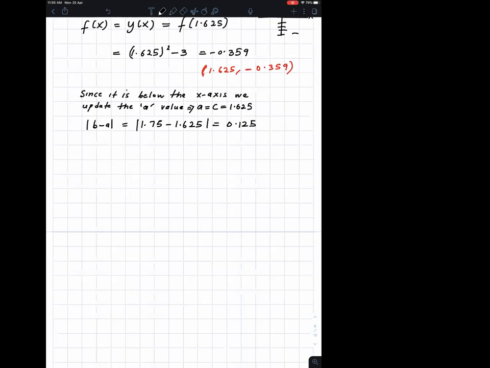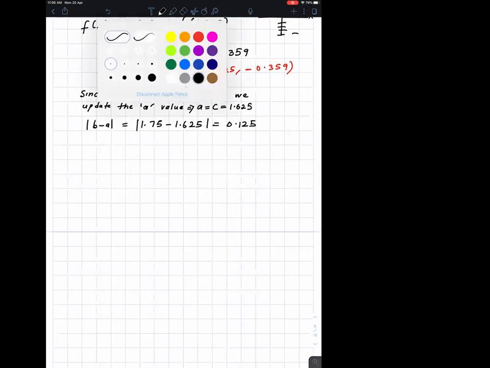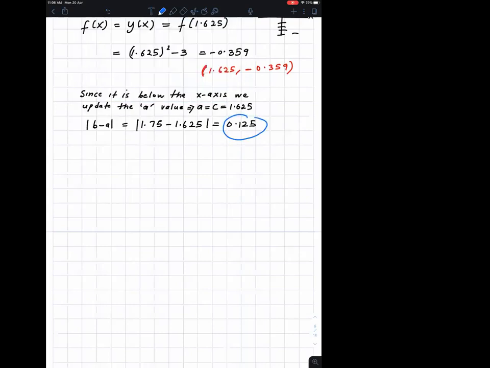Now we haven't reached that value yet. We want 0.01, somewhere around there, so that means you have to continue with this iteration.